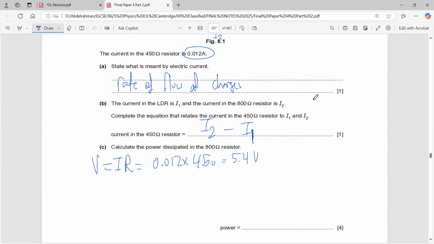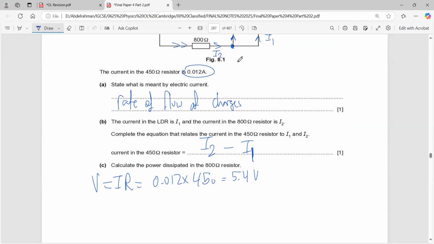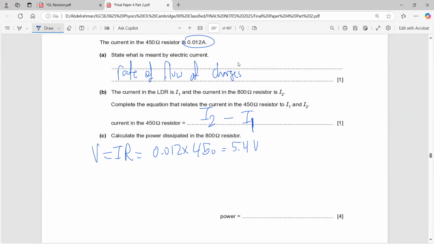This is the voltage of the 450 ohm resistor. Can I find the voltage of the 800 ohm resistor? Yes, simply 9 minus 5.4, which is 3.6 volts.